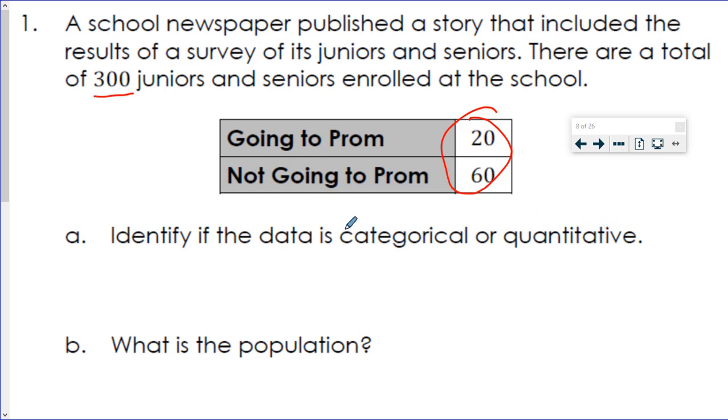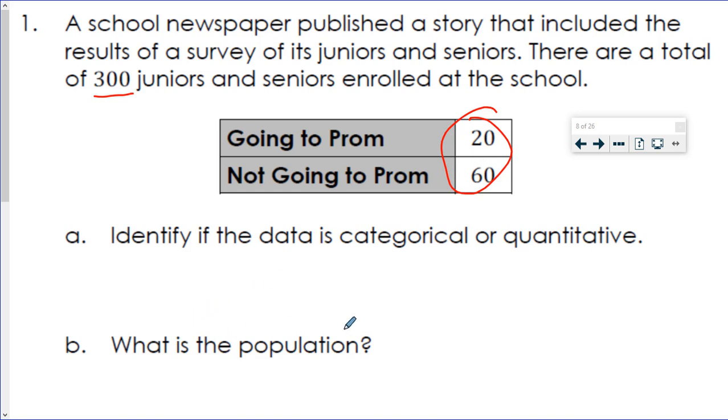Did they ask them a categorical question or a quantitative question? Did they ask them a how many, or did they ask them something that puts them into a category? All right. And this data here is categorical. There's two categories: going to prom, not going to prom. Those are the categories. So this is categorical data.